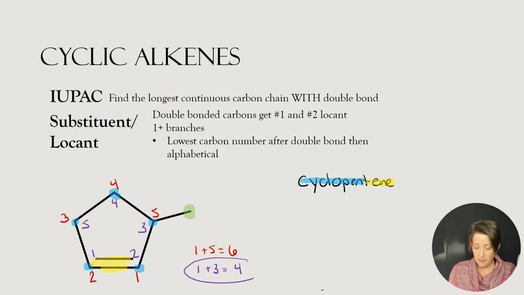We want to use the numbering system that gives us that 4. We do not need to say 1-cyclopentene because we know that the double bond starts on carbon 1. We only need to know where that methyl group is at. Therefore, this finishes out as 3-methylcyclopentene.